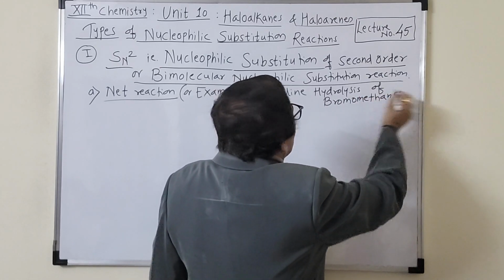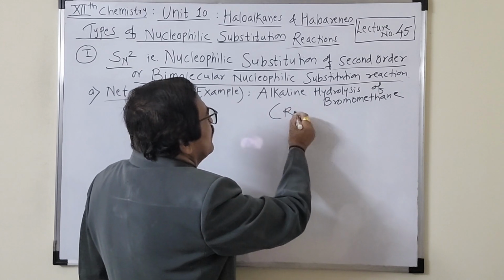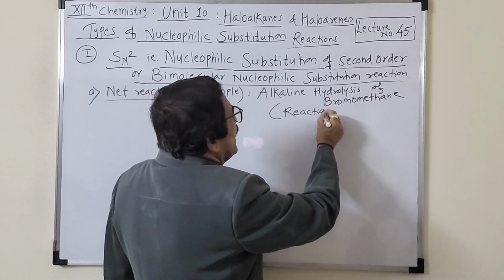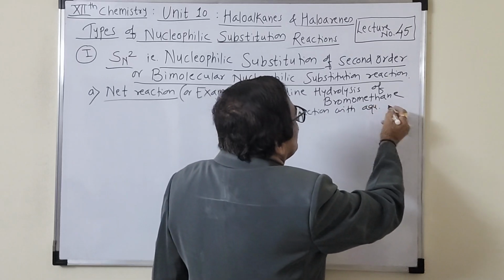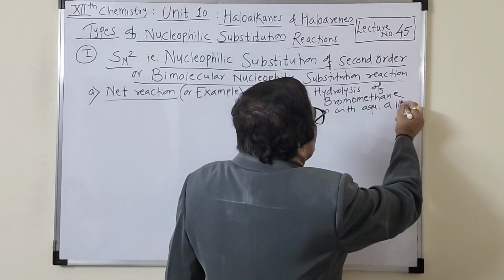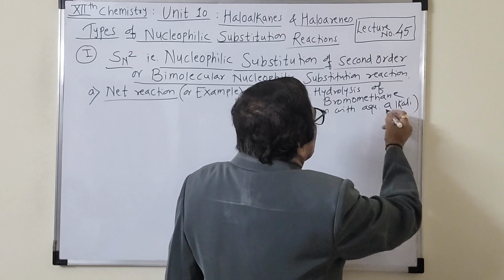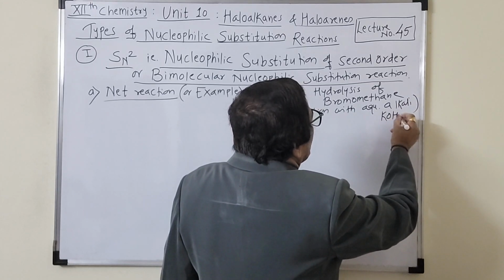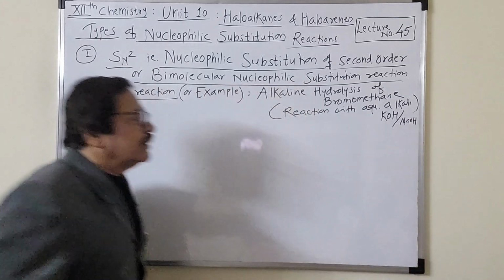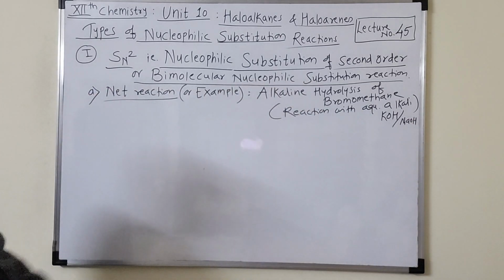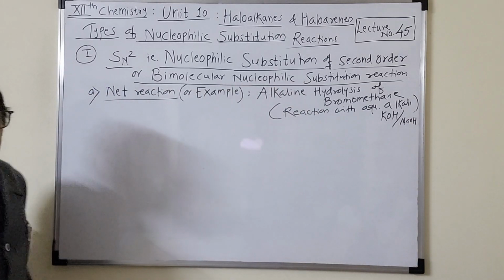Now alkaline hydrolysis means what? It means the reaction with aqueous KOH, or aqueous alkali. Alkali can be KOH, NaOH, like that. Any we can take, or simply OH minus. So, alkaline hydrolysis of bromomethane.